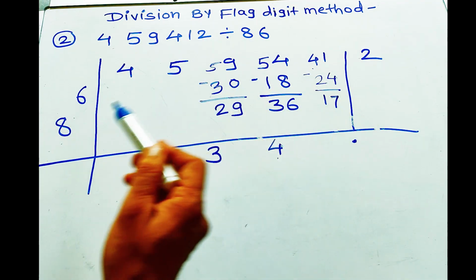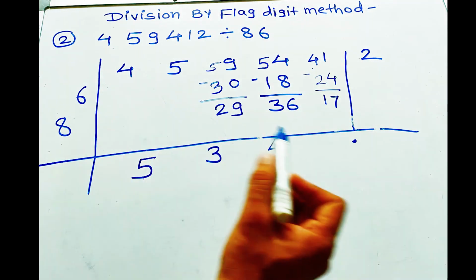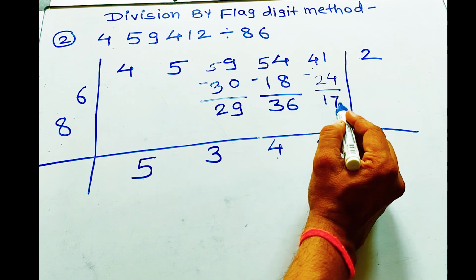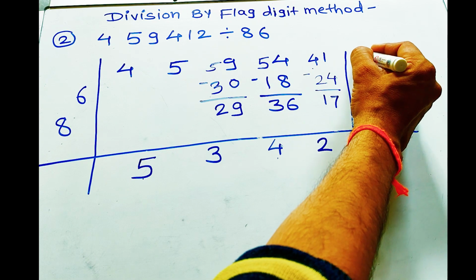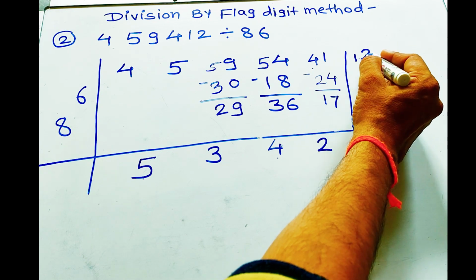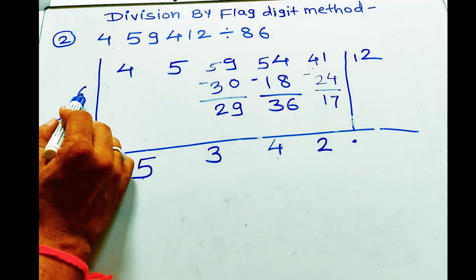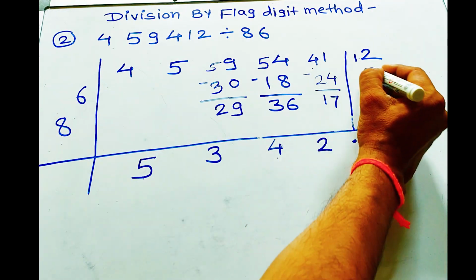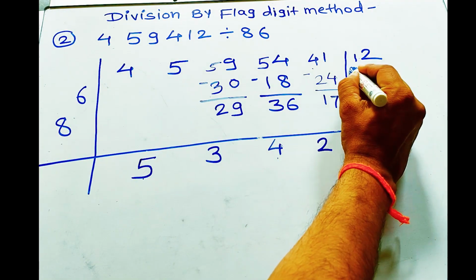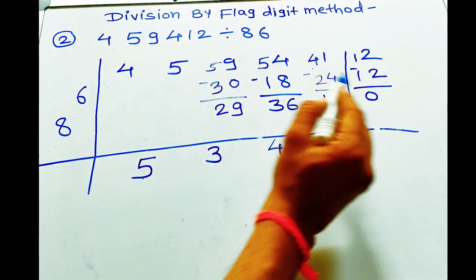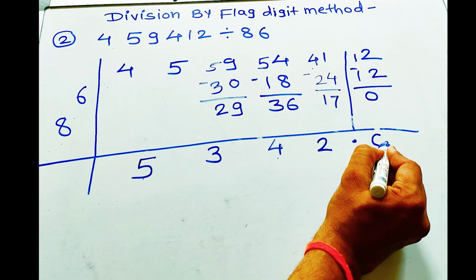This 17 divided by 8, so 8 2s are 16. 17 minus 16 is 1, so carry 1 here, so 1 2, 12. Again multiply 2 with 6, 2 6s are 12. So 12 minus 12 is 0. 0 divided by 8 is 0.